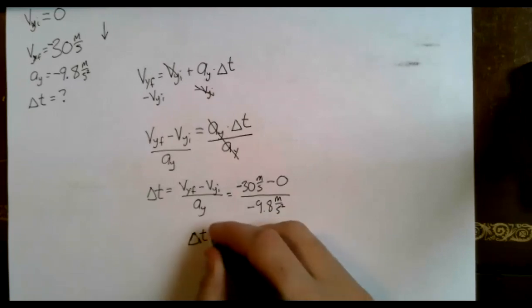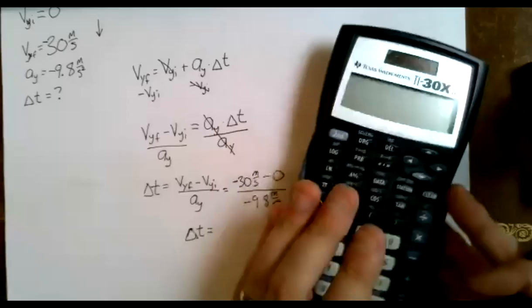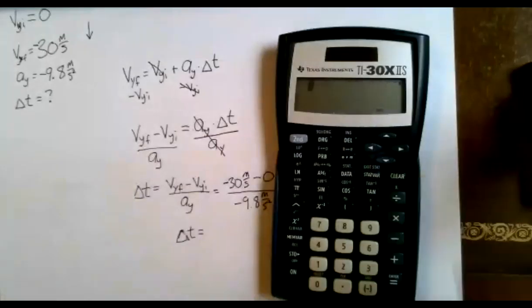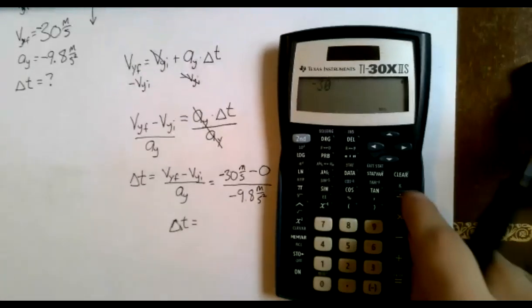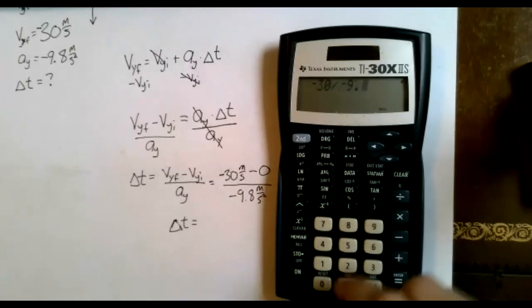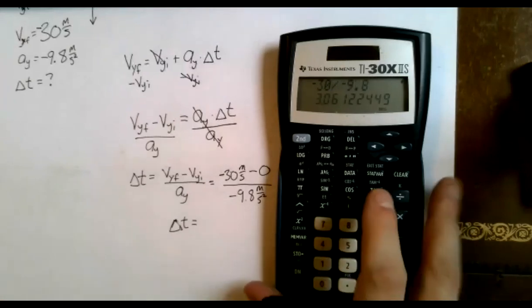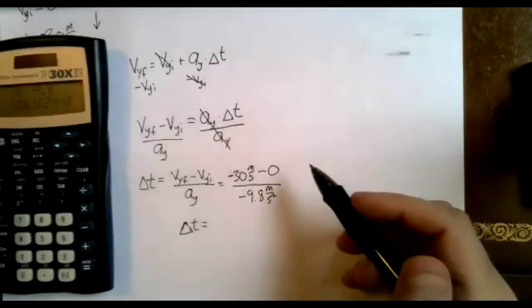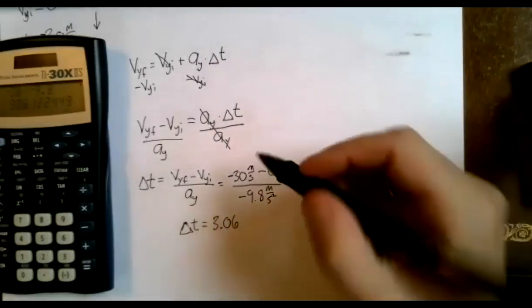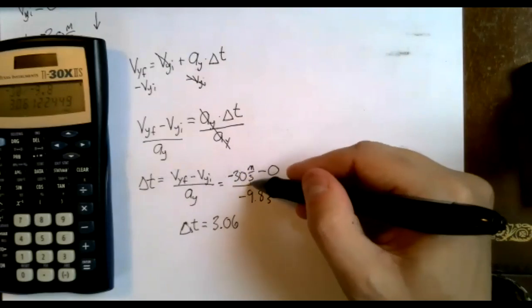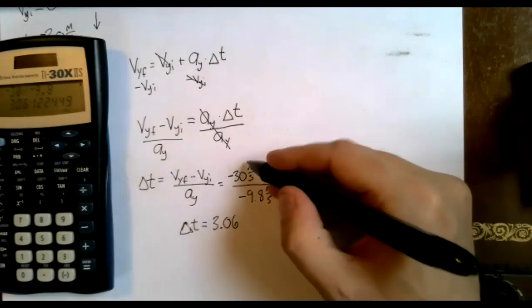Like we did here. So now I just need to plug in, and I can do negative 30 minus 0. That's not going to do anything. So divided by negative 9.8, I get 3.06. And for my units, I have meters per second divided by meters per second squared.